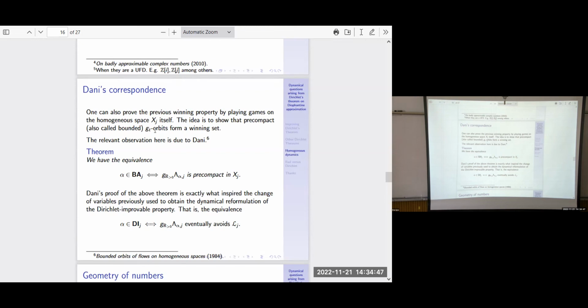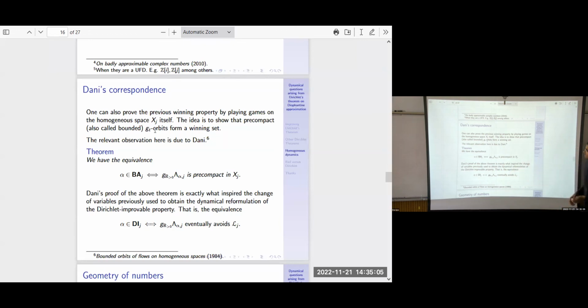Dani's correspondence. So we also have Dani on our side. Proving that Daj has full dimension can also be done by ideas like games played on homogeneous spaces.